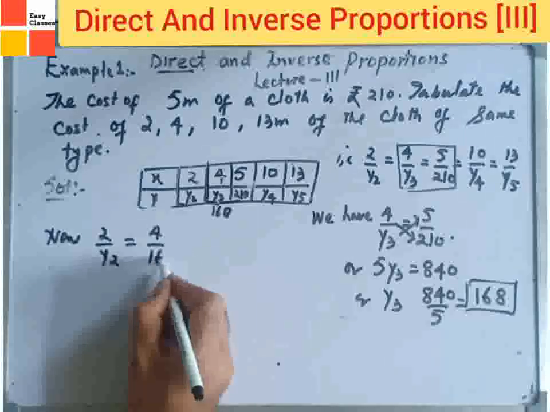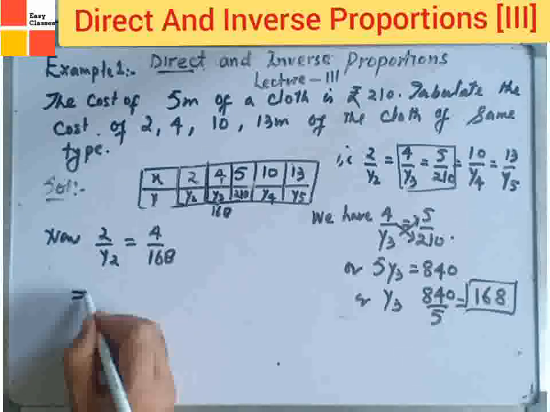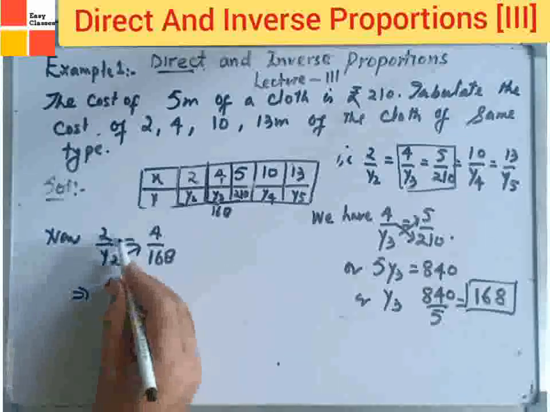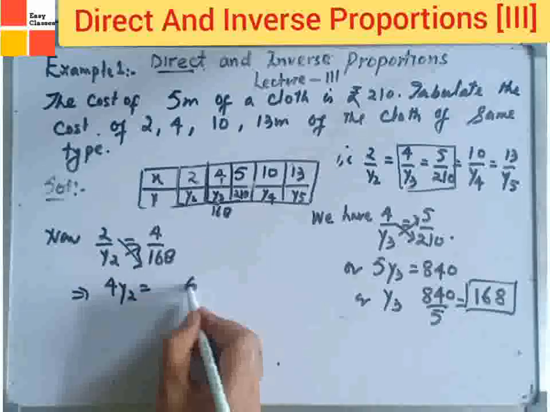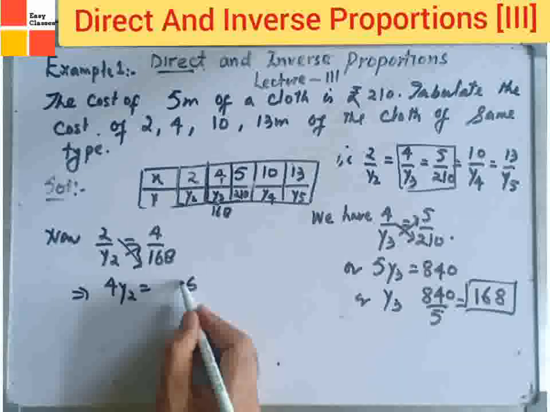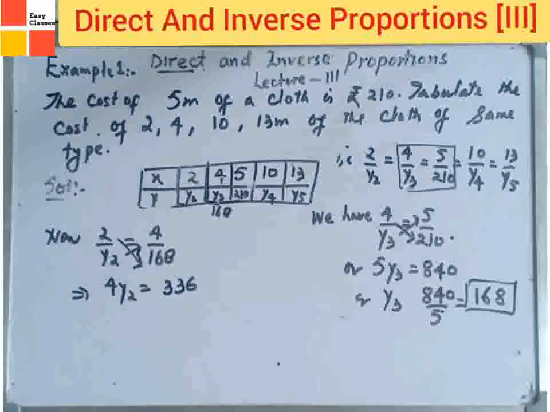We know that y3 is equal to 168, so multiplying these two, 4y2 is equal to 2 8s are 16, 2 6s are 12, 12 plus 1 is 13, 2 1s are 2, so 336.